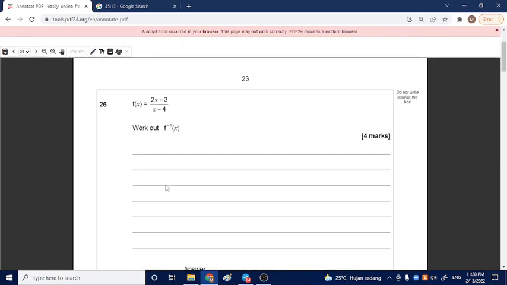Okay, inverse function. Quite simple too. Here, we know that x is not 4, so the domain here is x is not equal to 4. The range here is, what's the range?